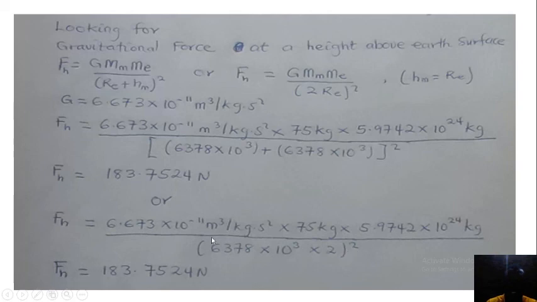Then when you punch your calculator well, you should arrive at F equals 183.7524 Newton, and that gives you the gravitational force exerted on the man above the Earth's surface at a height of 6,378 times 10 exponent 3 meters.